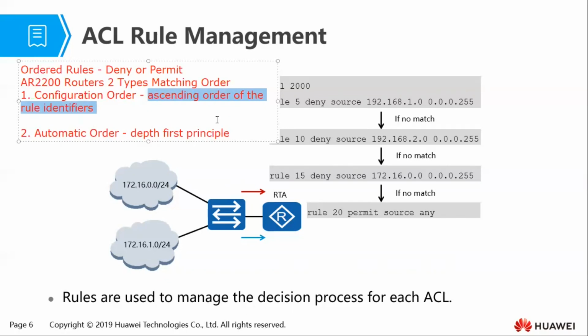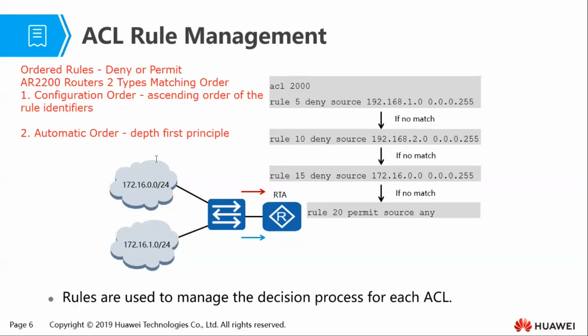Now for each rule ID, the ACL will determine if the rule applies or does not apply. If the rule does not apply, then it will check the next rule.